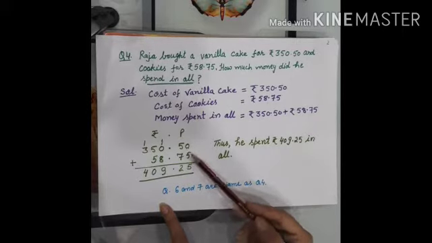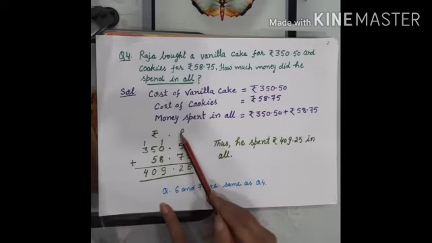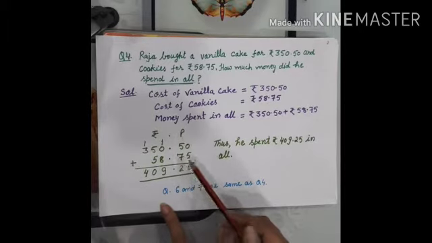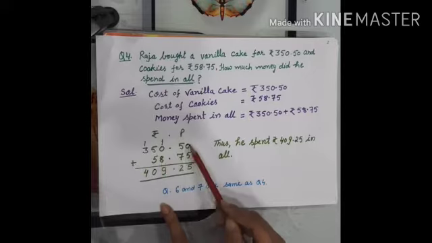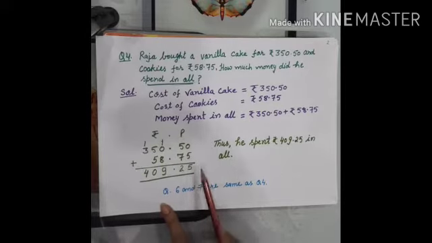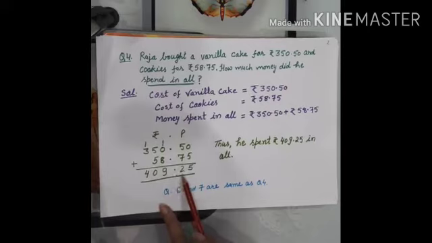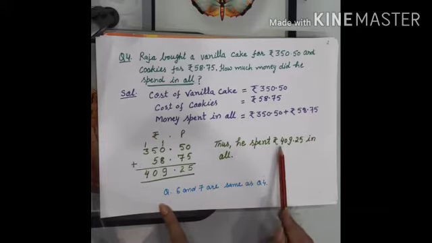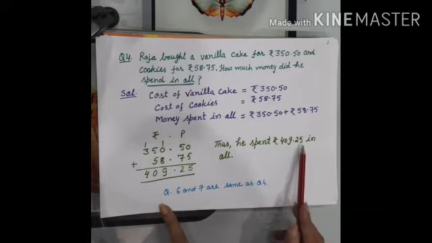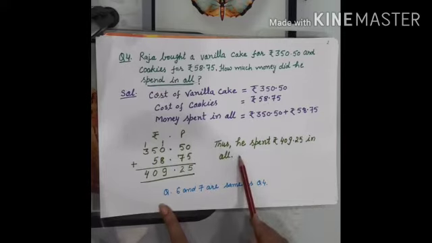First of all, write units rupees and paise. Rupees will be added to rupees and paise will be added to paise. Now add them. After adding, we get rupees 409 and 25 paise. Answer is he spent rupees 409 and 25 paise in all.